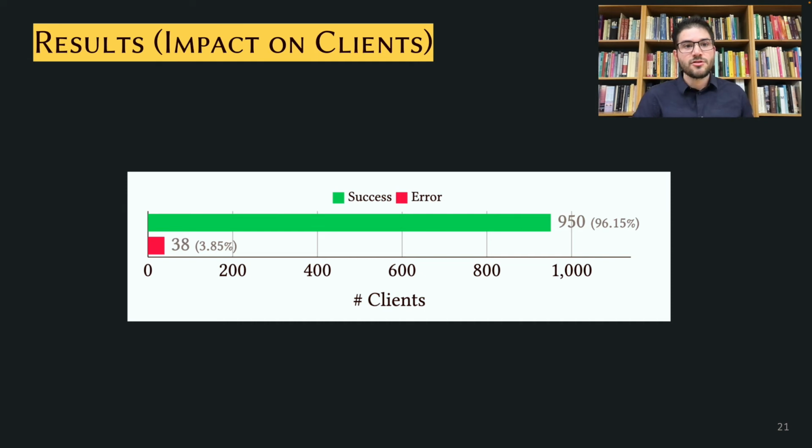Our results show that from a total of 938 clients, 96% of them successfully compile with a debloated library. This is the first empirical demonstration that debloating can preserve essential functionalities to successfully compile the clients of debloated libraries.